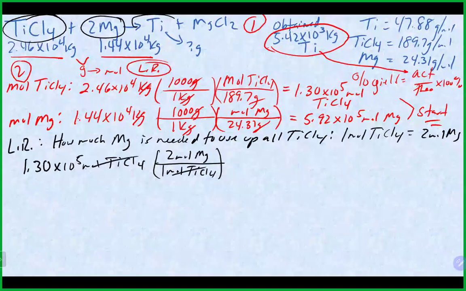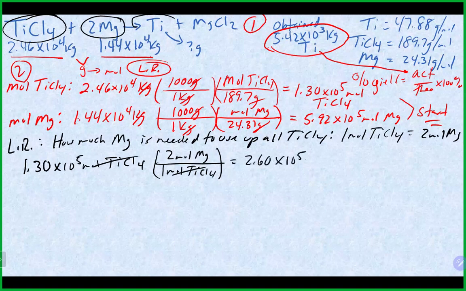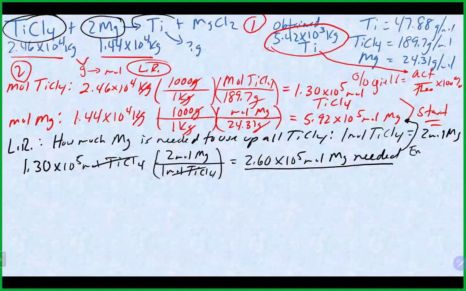And 1.3 times 10 to the fifth times 2 is 2.60 times 10 to the fifth moles of magnesium needed. So once again, we're going to take our moles of magnesium needed and compare it to how many moles we're starting with. And in this case, we do have enough.